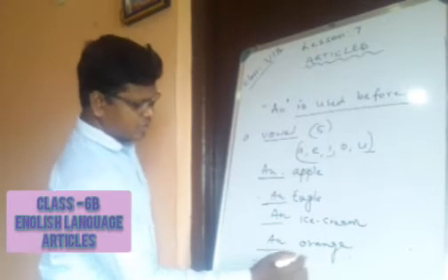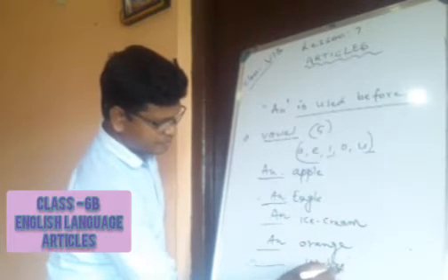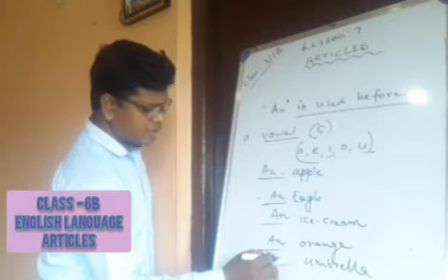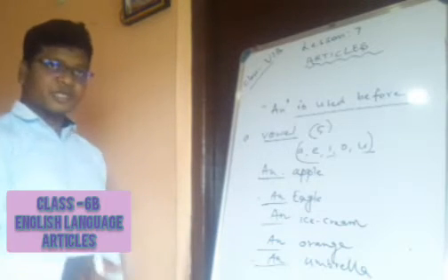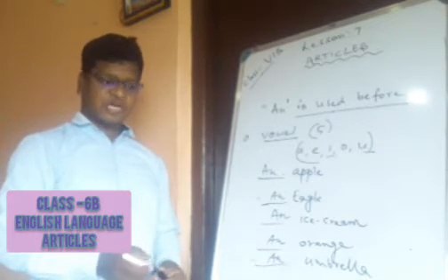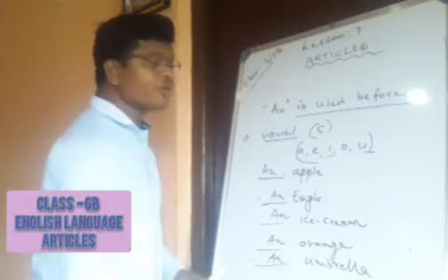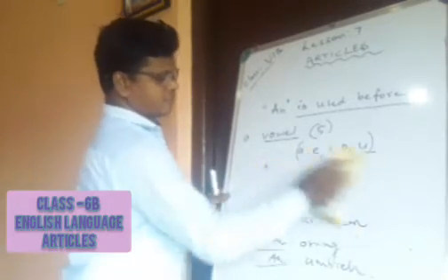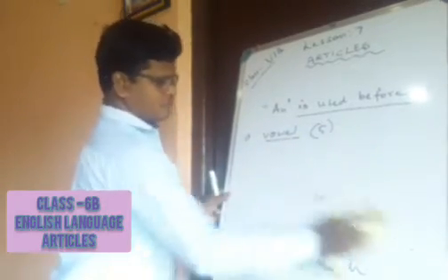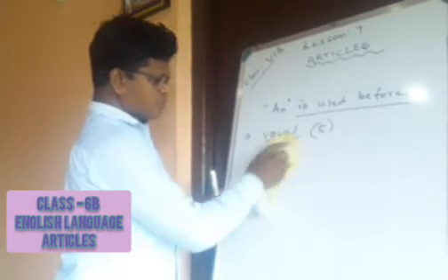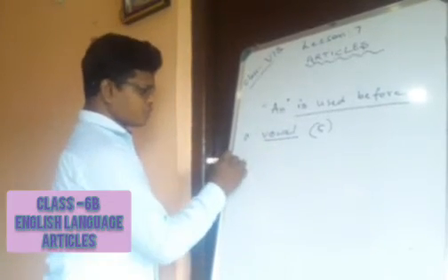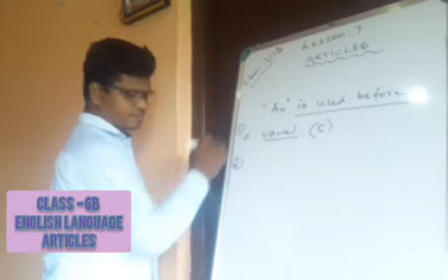Suppose we are writing umbrella, so we write N umbrella. This is the general rule that we have learned. Now we are going to learn a different thing. So the first rule is known to you. The second one, let us talk about.